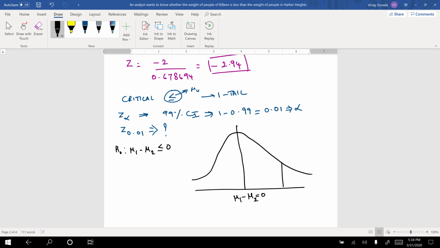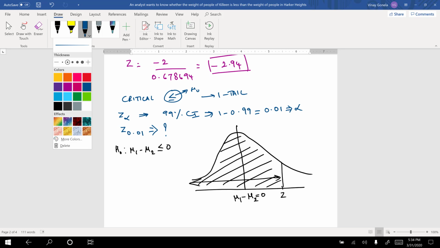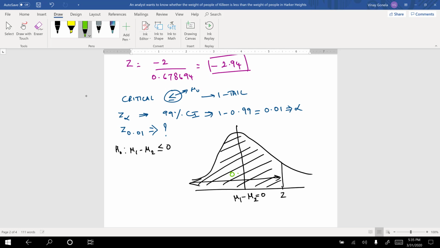So we have a certain z value below which this entire area is maybe 0.99, and this area is less than a certain value.